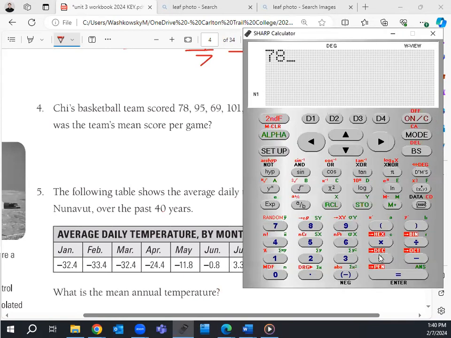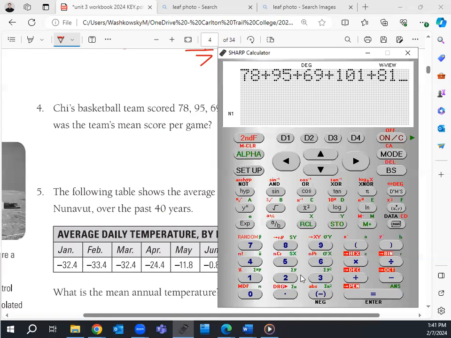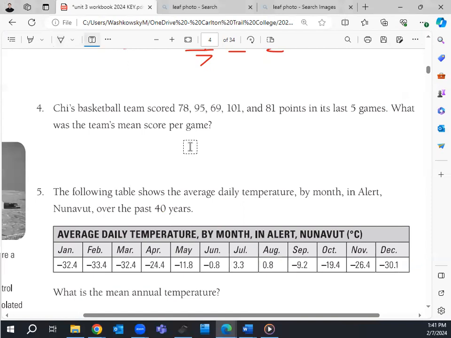Again, just going through some of these answers here. 78 plus 95 plus 69 plus 101, and add 81 gives me 424. You divide that by the 5 games, and I can see that their average score is 84.8.